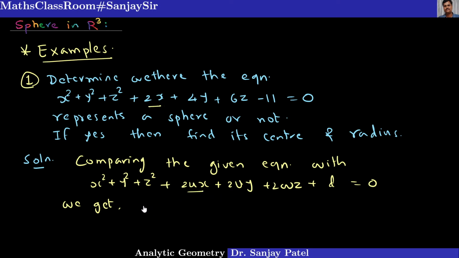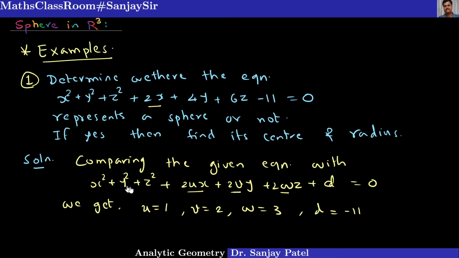So 2u is equal to 2, we'll get u is equal to 1. Remember, whatever is the coefficient given of x, y, z, you have to divide it by 2 to get the values of u, v and w respectively. Like 2v is equal to 4, so v is equal to 2. And 2w is equal to 6, so w is equal to 3. Also, the constant is d, d is equal to minus 11. So we get these 4 numbers.